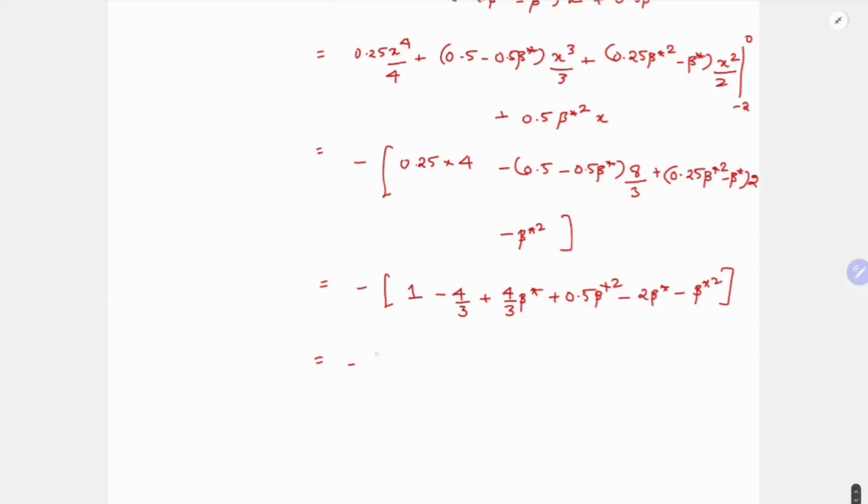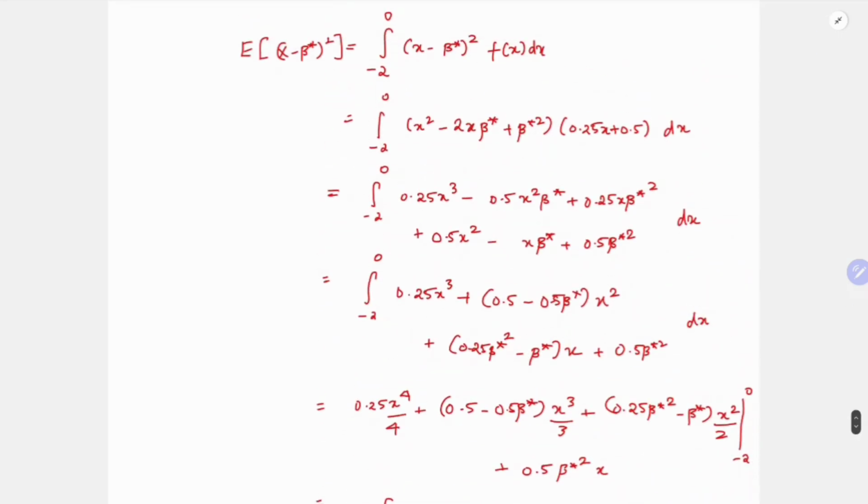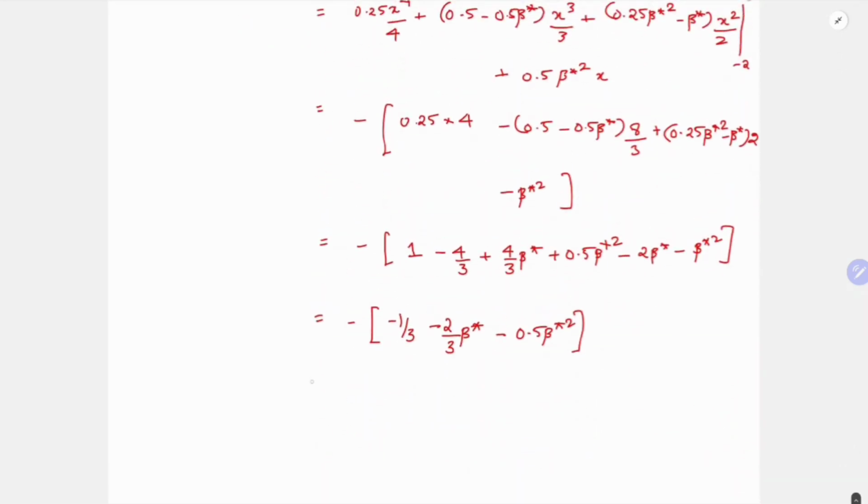So this is equal to minus of 1 minus 4 by 3, which is minus 1 by 3, plus beta star we can take together, so it is minus 2 by 3 beta star, and this minus this is minus 0.5 beta star square. So finally what do we get? 0.5 beta star square plus 2 by 3 beta star plus 1 by 3.